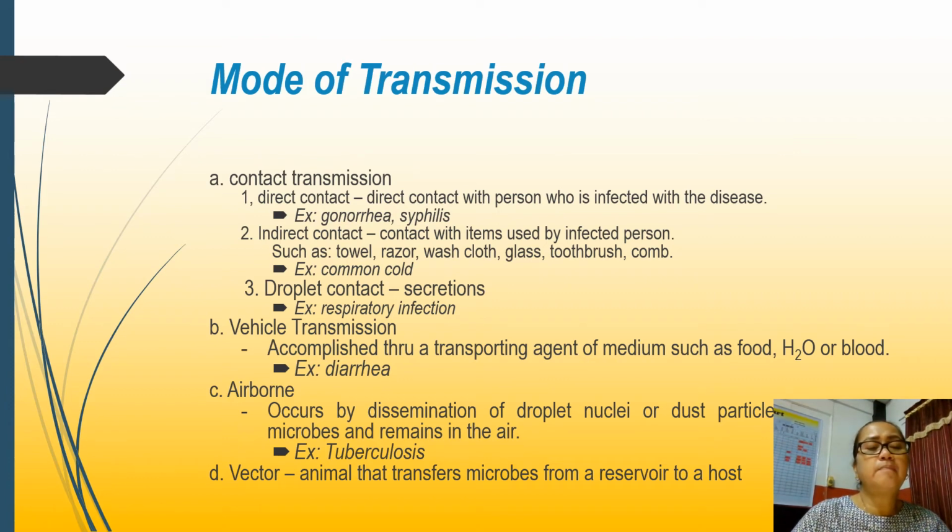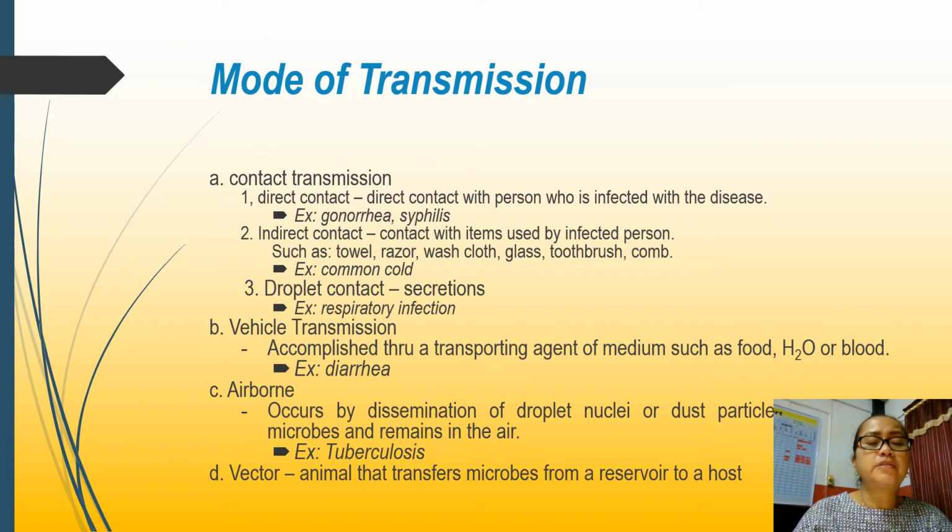If you use the comb of the person, you could acquire the disease, the lice, the parasite present in the head or the hair of the person. And then we have your toothbrush. If you're going to use one toothbrush, you could acquire mononucleosis or kissing disease from that particular person in direct contact. So you contact the microorganism via the object that she used.